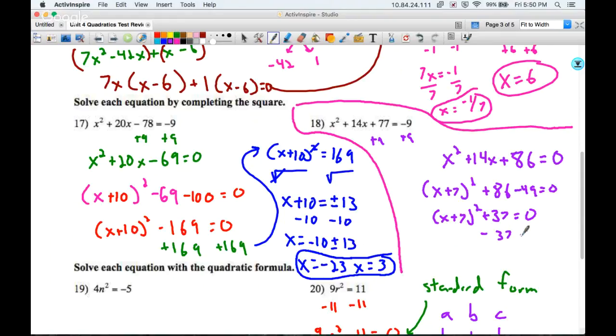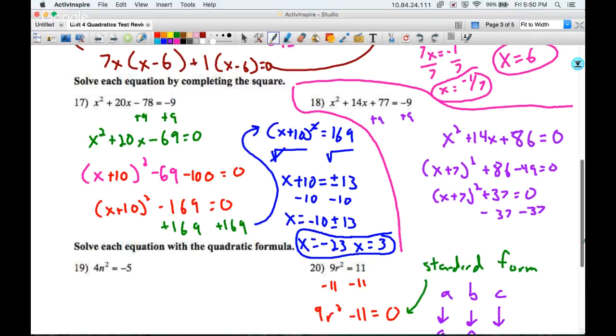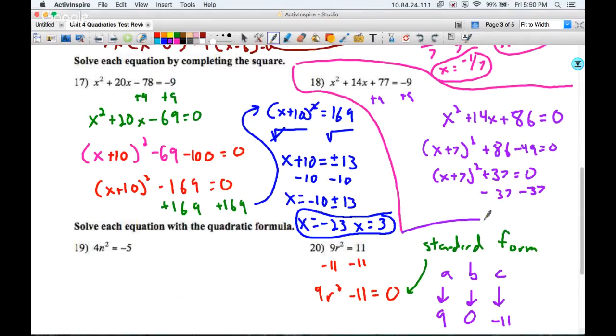I subtract the 37 from both sides. We're going to run a little low on room here. I get x plus 7 squared equals negative 37.